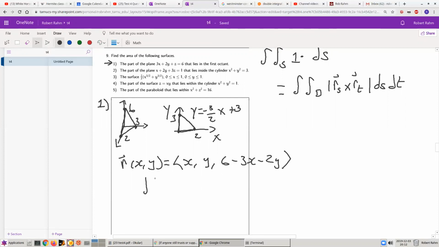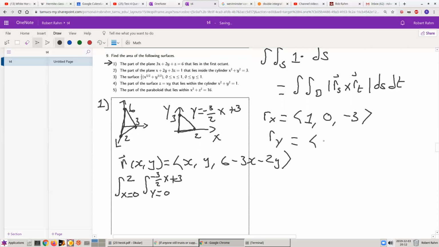So y is going to go from 0 to minus 3/2 x plus 3. x is going to go from 0 to 2. Now we're going to integrate the magnitude of Rx cross Ry. Rx is equal to (1, 0, -3).